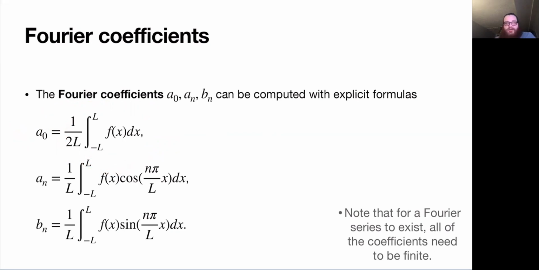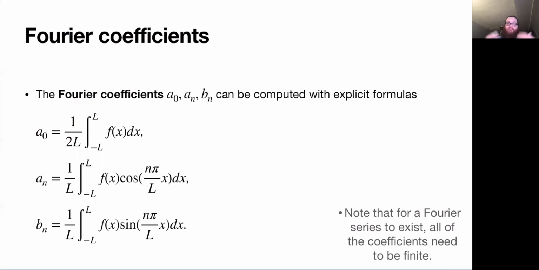Right, so the functions that we'll generally be working with are going to be piecewise smooth. And so then in particular, these integrals are always going to be well-defined. But these integrals can be defined for functions that aren't necessarily piecewise smooth, right? So if your function tends to infinity at a point, for some value of x between negative L and L, it's possible that all of these integrals converge, okay?